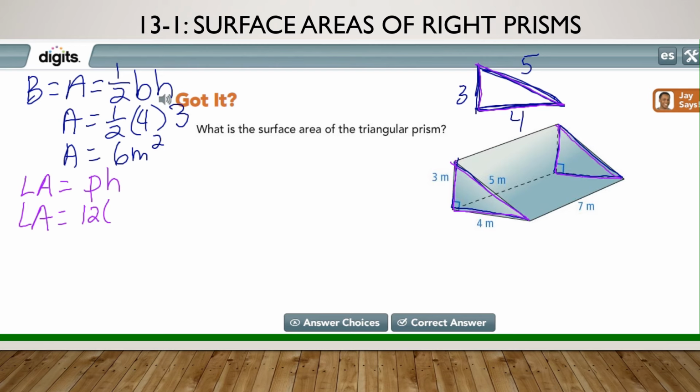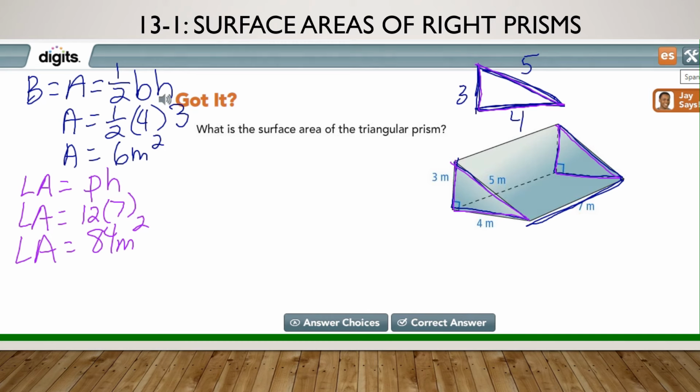Here, that's our two bases, and the distance between them is 7. So we substitute in 7 for the height of the prism. Now all you do is multiply 12 times 7, which is 84. So the lateral area is equal to 84 meters squared.